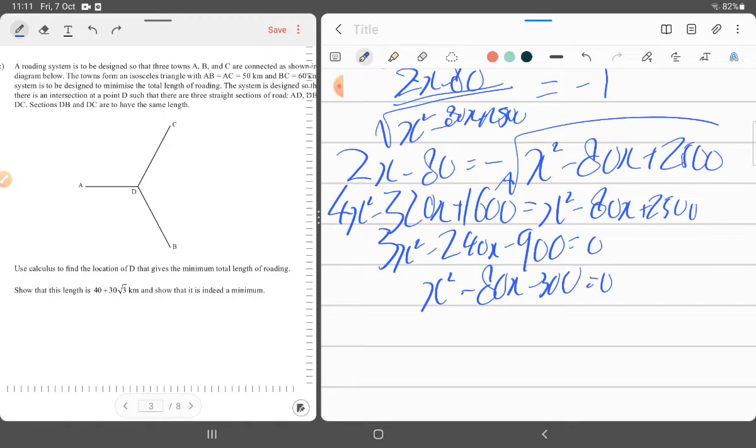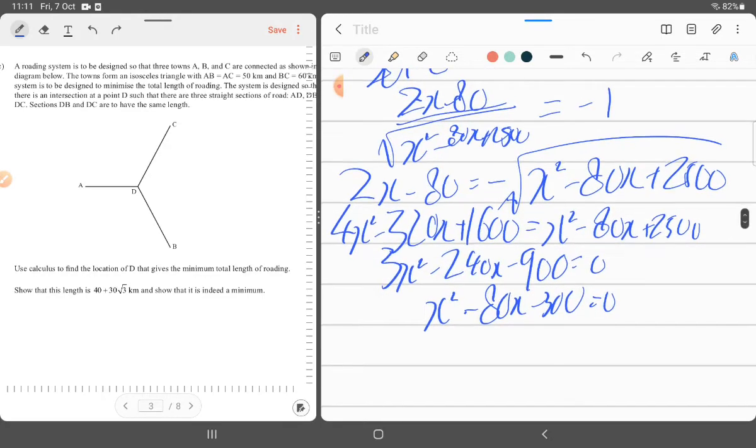That is negative 900. 4x squared take away 320x.